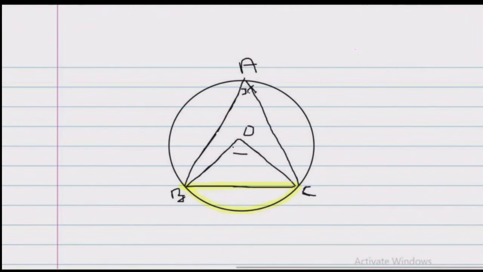At the center. It's twice the angle at the center. Meaning you would write this as angle O is twice angle A.